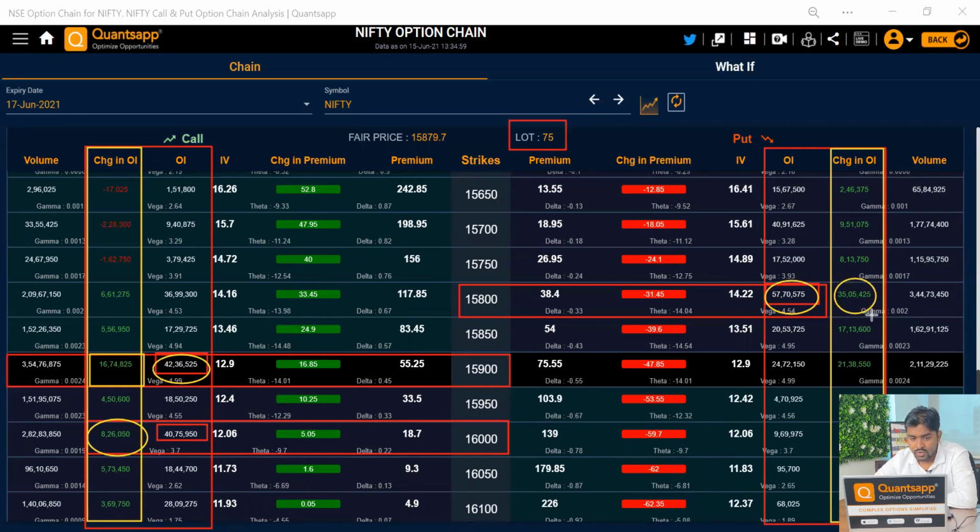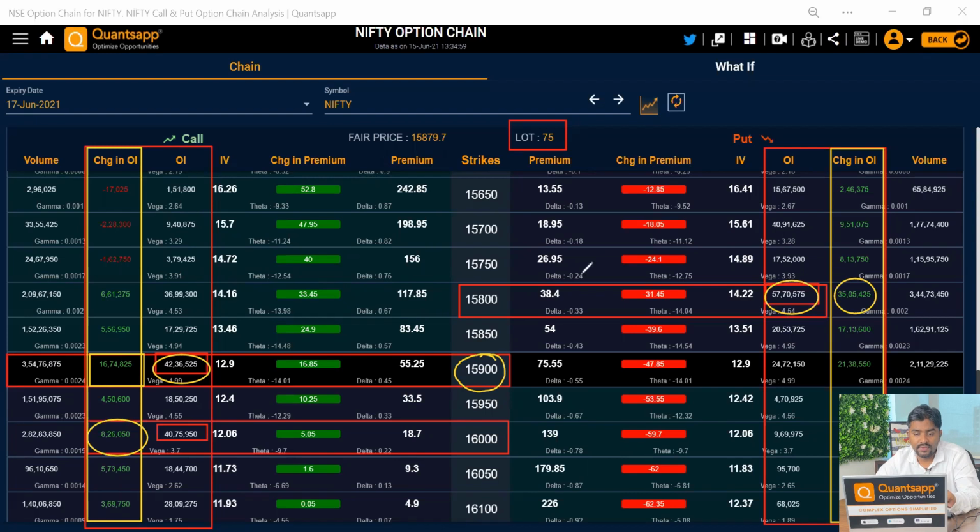Okay. So now when we study this value specifically, it comes from the perspective of sellers. We consider these values from the sellers. So if this many sellers are aggressive on this particular call, that means they are selling this call option 15,900. So they want this market to stay below 15,900. That means their expectation is that the market will not move above 15,900 for this expiry.